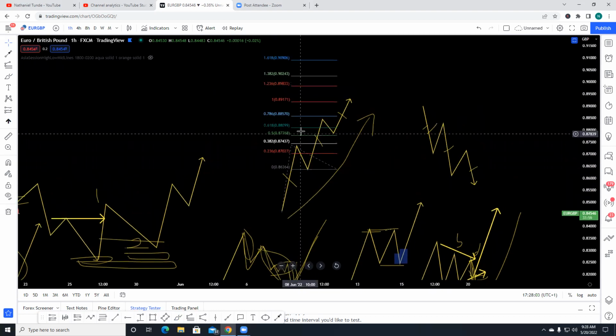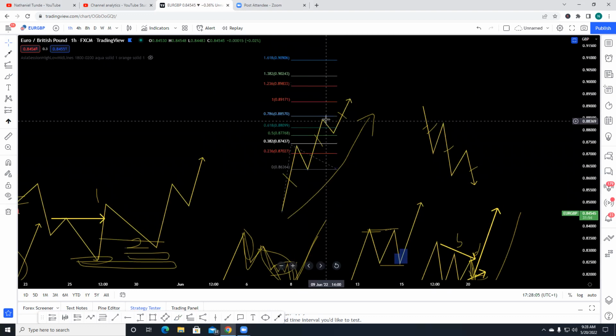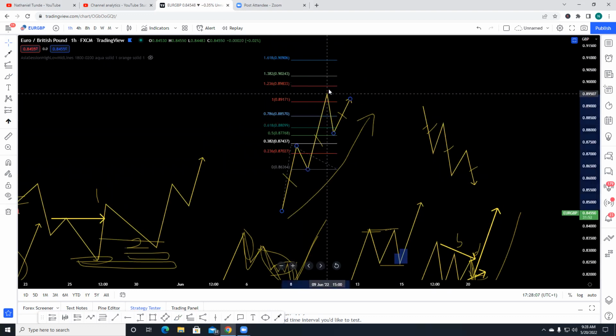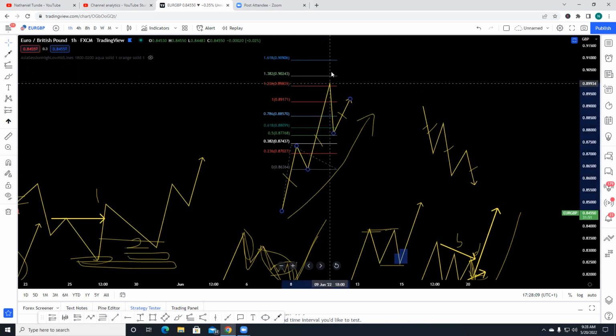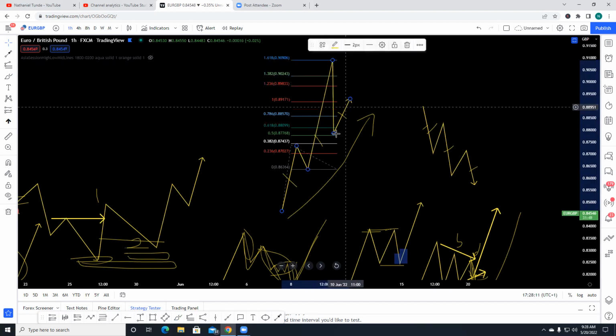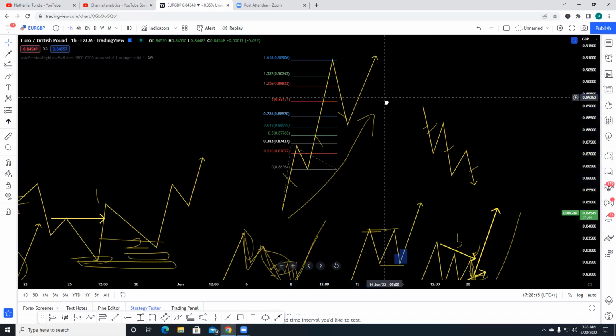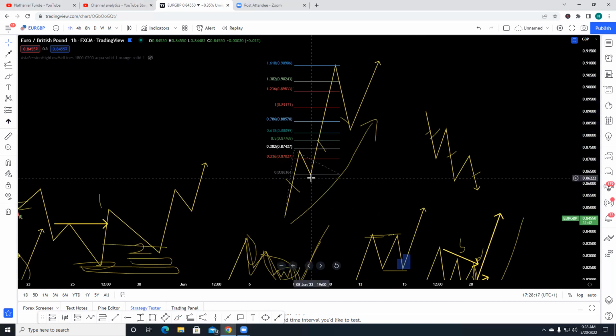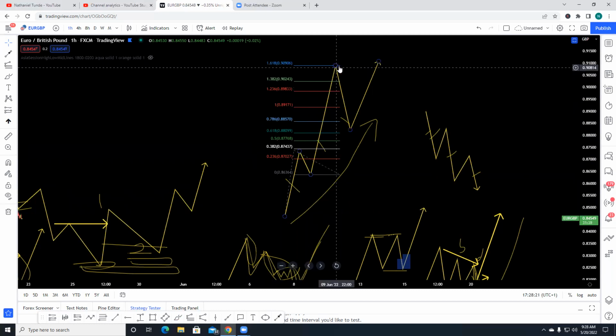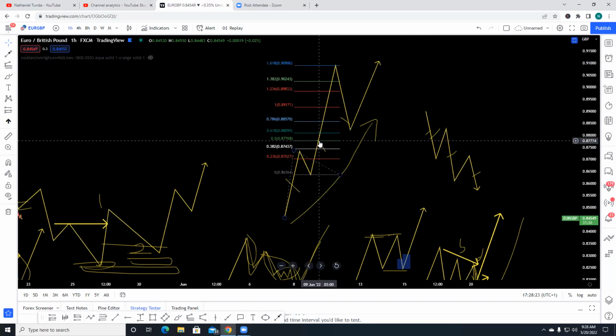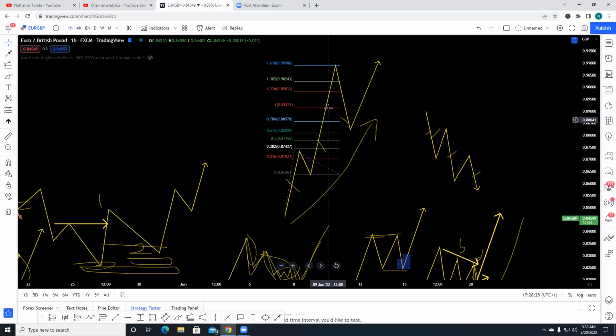You see that wave 3 will normally end at 161.8% of wave 1 to 2. This will be the projected target of wave 3. Can you see? It's a very long one.